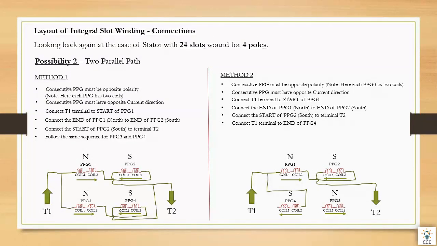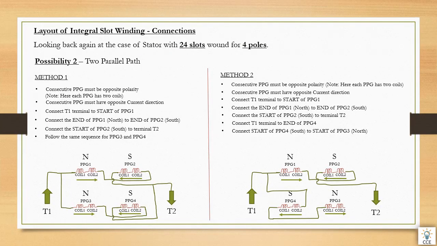Now similarly we will be connecting the other two pole phase groups. So to maintain the direction of current, we bring that connection as a parallel path from T1, terminal 1, and connect to the end of pole phase group 4, and we take the other connection from the start of pole phase group 4 to the start of pole phase group 3. This is all done. Just pause the video if you are missing the point.